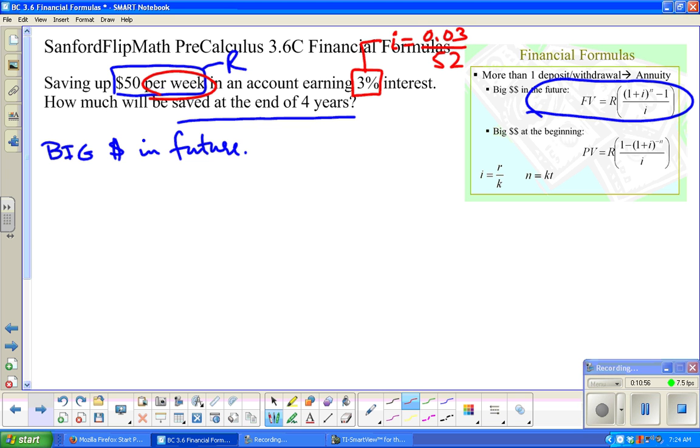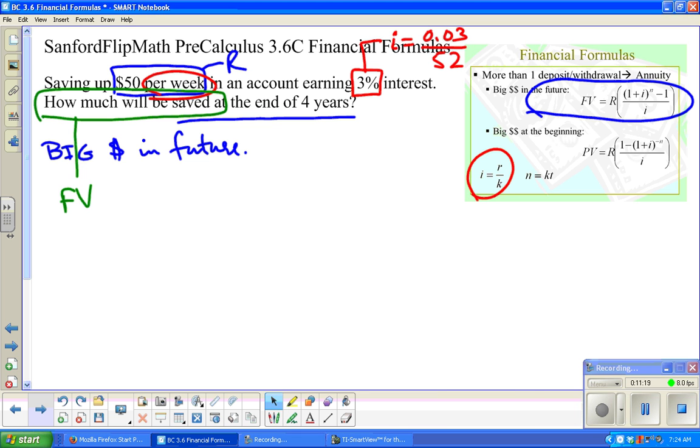So remember, I is r over K. Now, don't confuse the R's. This is little r, the interest rate, like we were working with before. Big R is the regular payment. How much will be saved at the end of 4 years? That's going to be the FV.